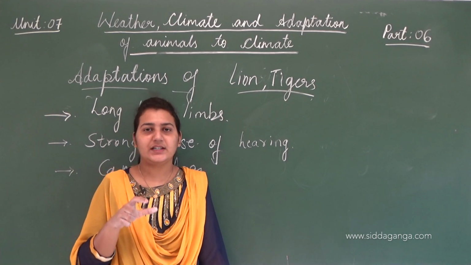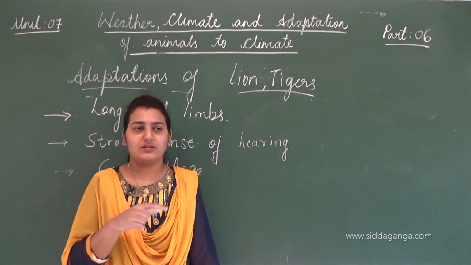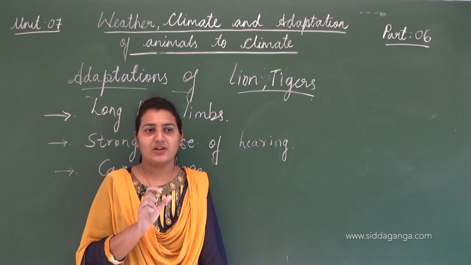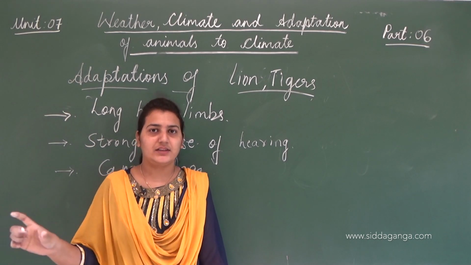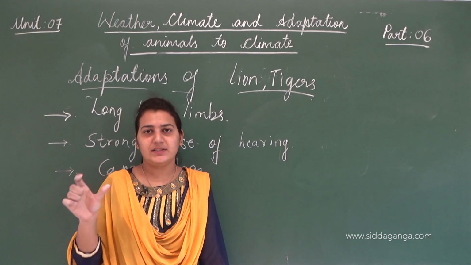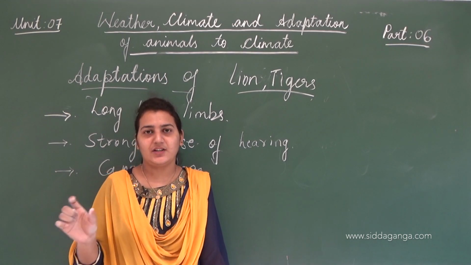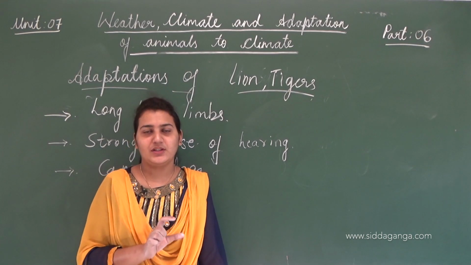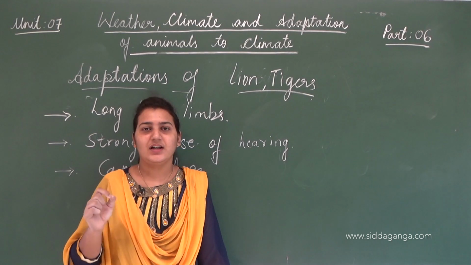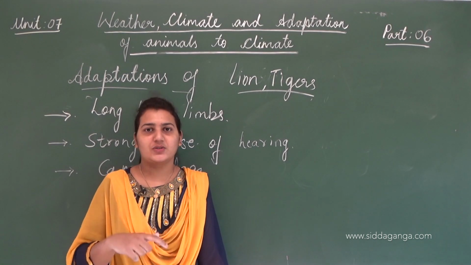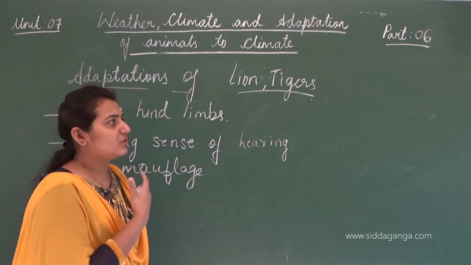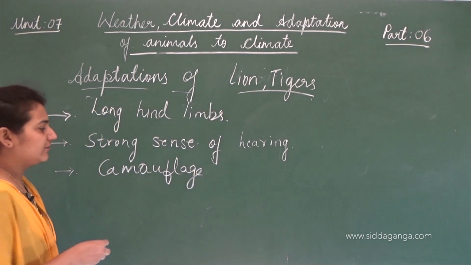If they are sitting in between dry grasses or dry plants, we cannot easily find them or notice that they are there. That helps them to catch prey. They sit silently and don't make any noise, so whenever the prey comes, since they have a very strong sense of hearing, they go, plan, walk slowly, and later grab the prey. This is because of all these adaptations.